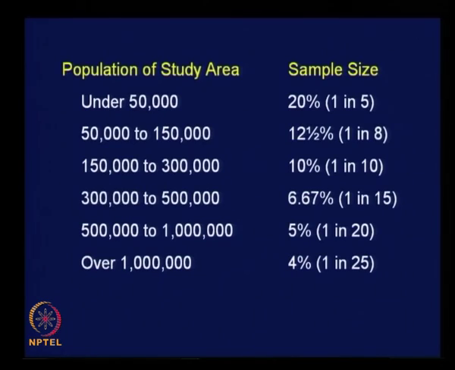You physically capture more number of households, but when you work out the number as a percentage of the total population, it works out to be less, okay. Still it serves the purpose, isn't it? The range of variation is the same irrespective of the number of people living. That is how a smaller sample size is acceptable for large cities.